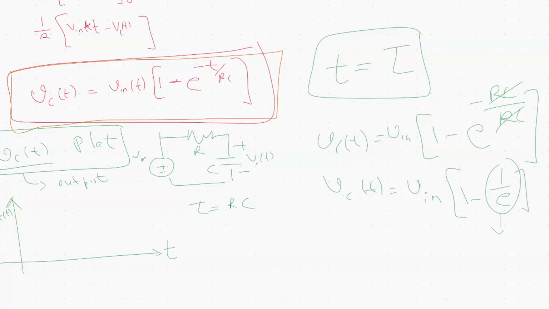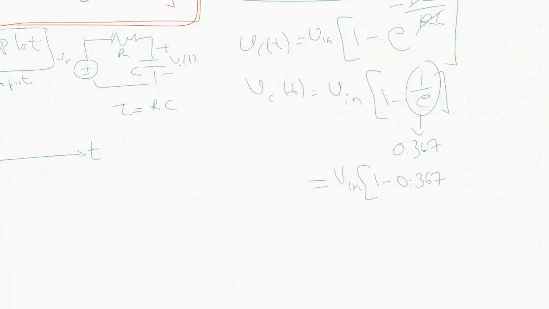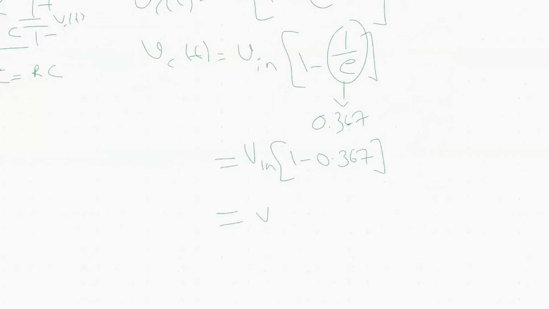So when you subtract 0.367 from 1, this is going to be 0.64 approximately, correct?